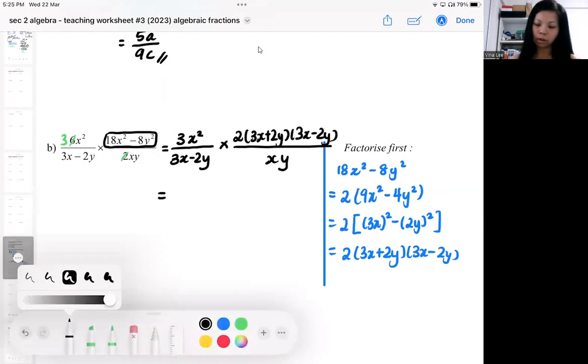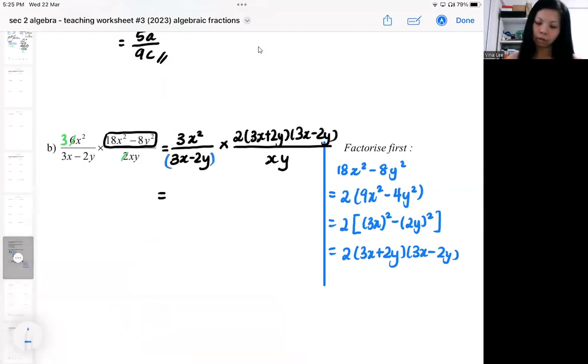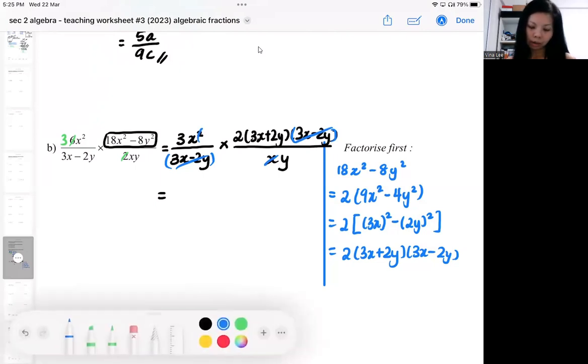Then, as everything is in a multiplication stage, I look at the brackets, which I can cancel. I can cancel one of the x as well. And that's it. I couldn't cancel anymore.